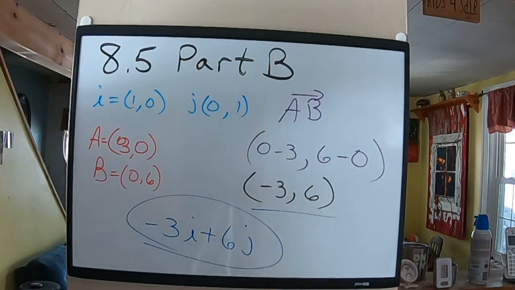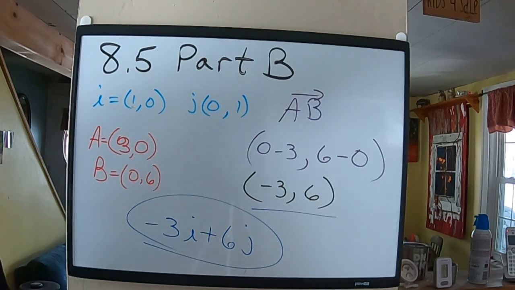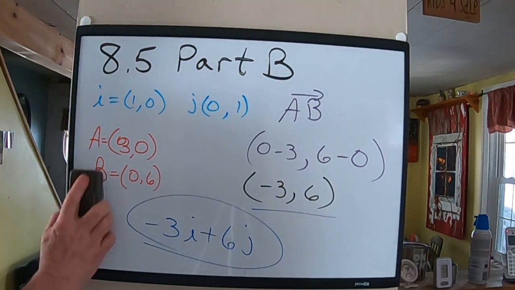Now the next part I'm going to do is number 31, then I'm going to do number 32. And the directions say find the angle each vector makes with the positive x-axis, then determine the angle between the vectors.